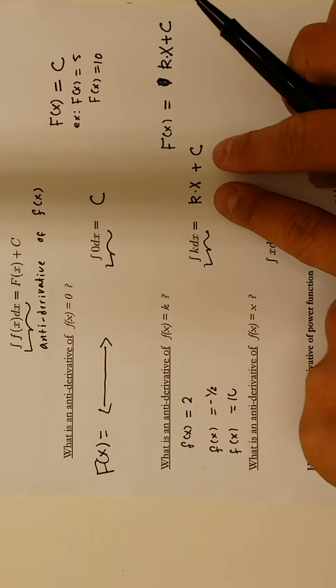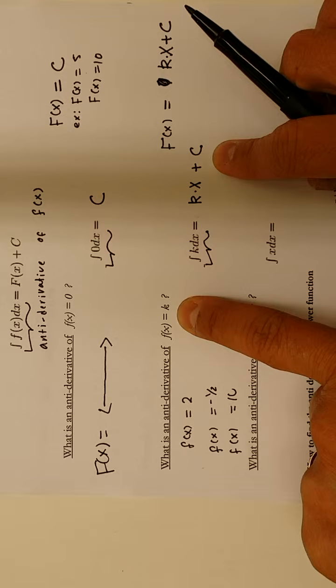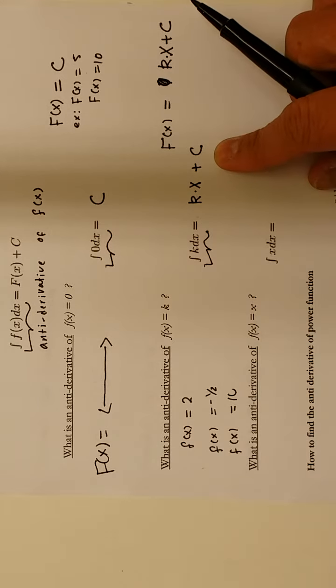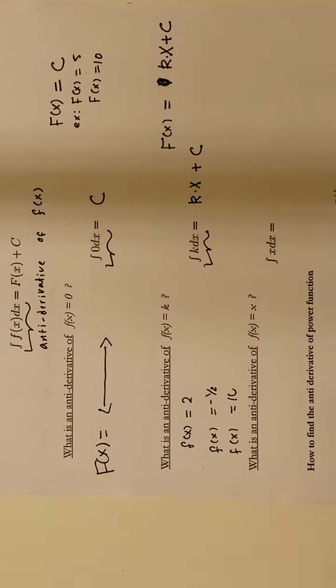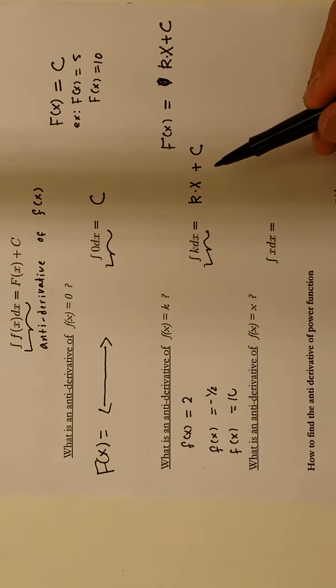Therefore, this is the antiderivative of that. One thing I want you to notice is that every time we find the antiderivative, there is always a constant involved, which we call C.